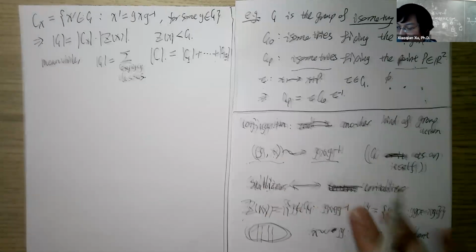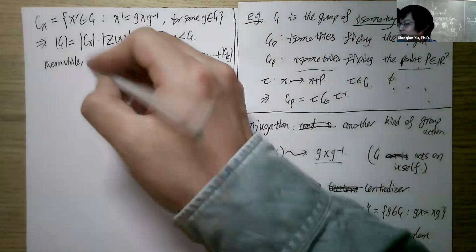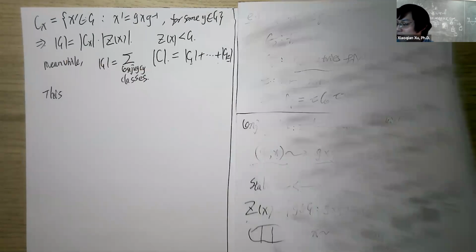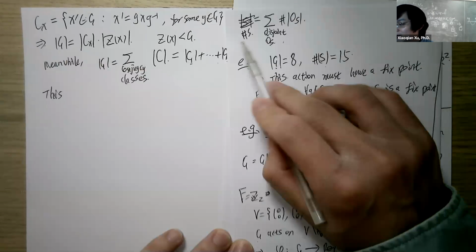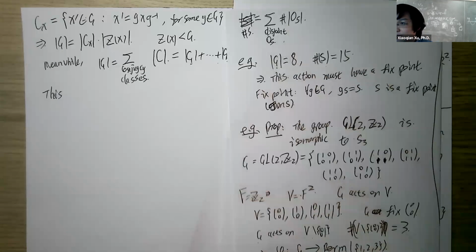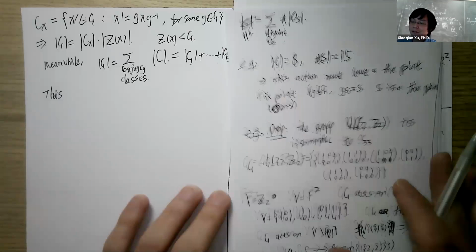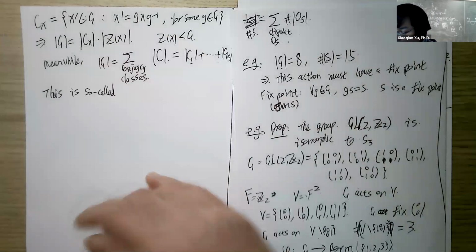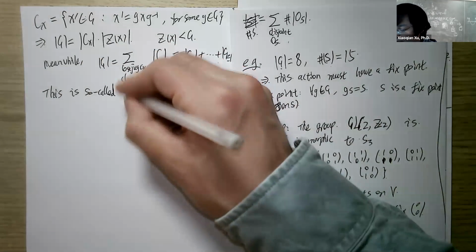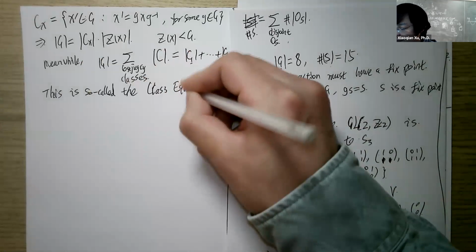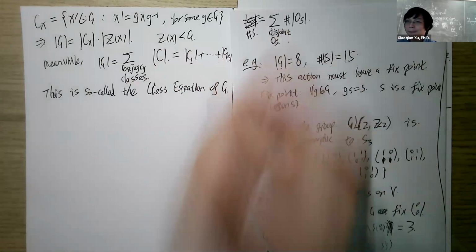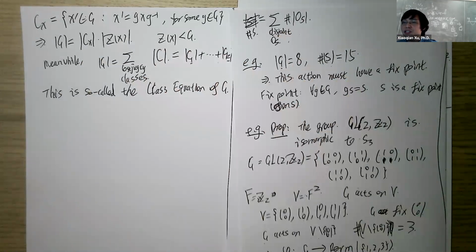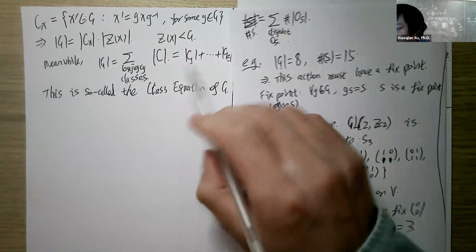And this one, just like doing the partition of a set as a summation of orbits, is the so-called class equation of G. You try to divide G into different conjugacy classes, which is the class equation.